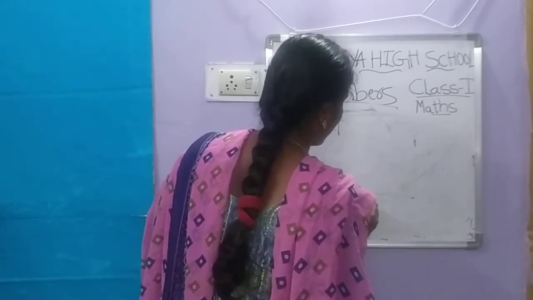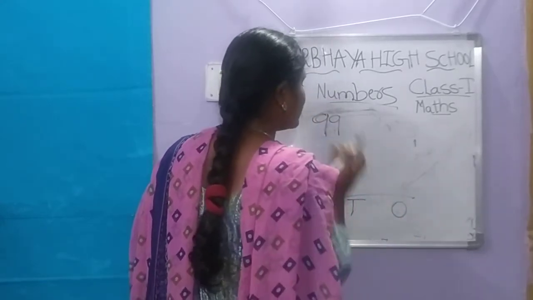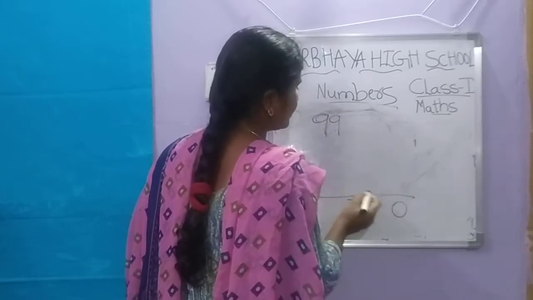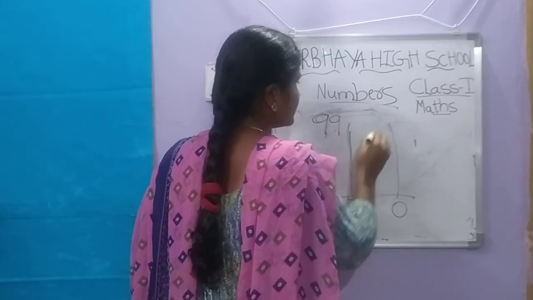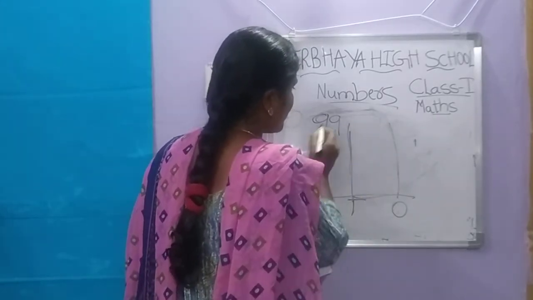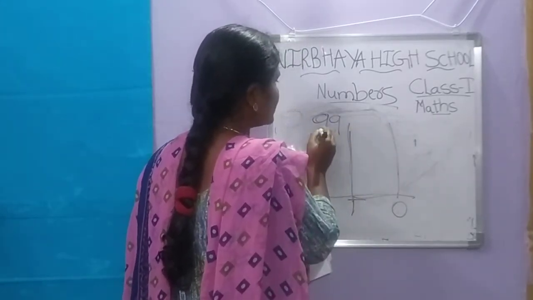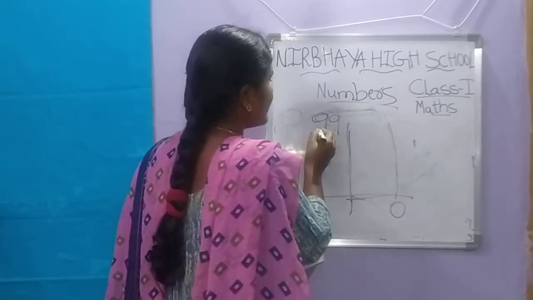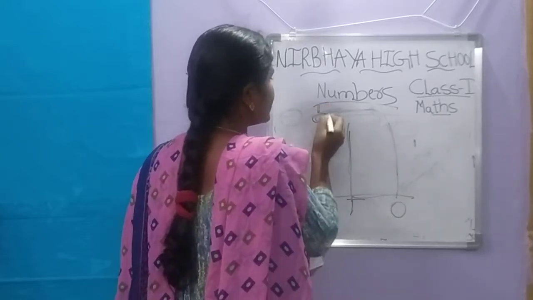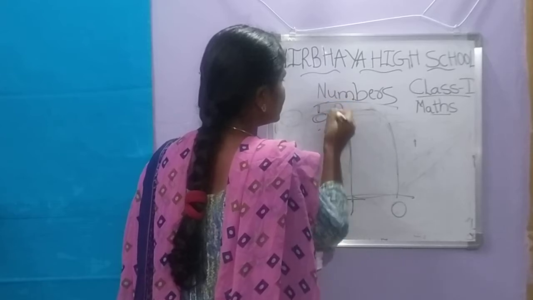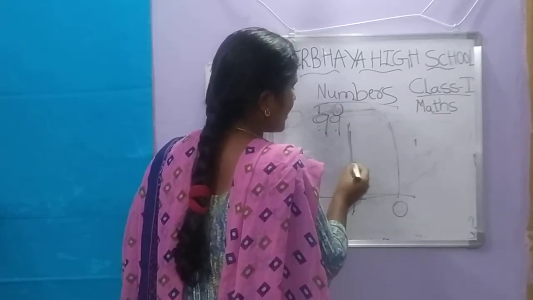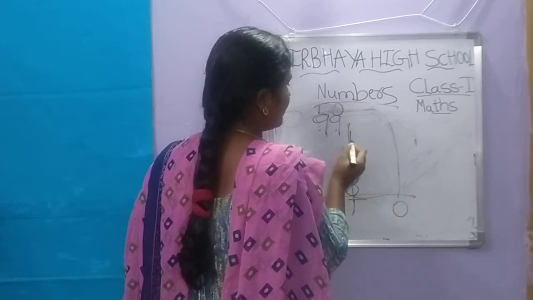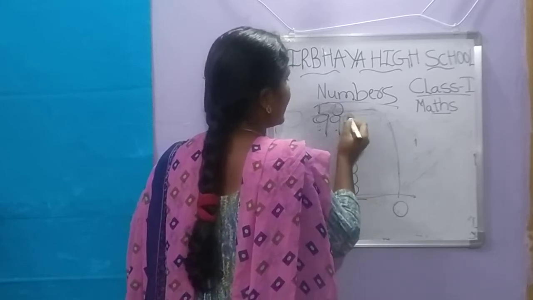And next, left hand side tens and this is the ones. First we draw the spike. This is the spike. How many tens are there? 9 tens. Left hand side tens, right hand side ones. So we should draw 9 beads: 1, 2, 3, 4, 5, 6, 7, 8, 9.